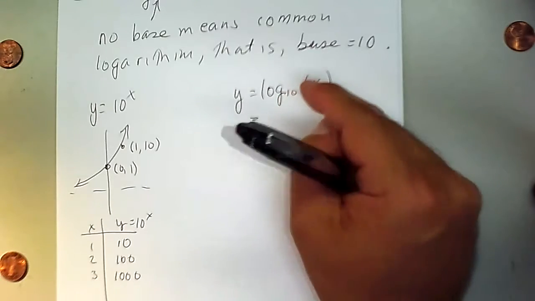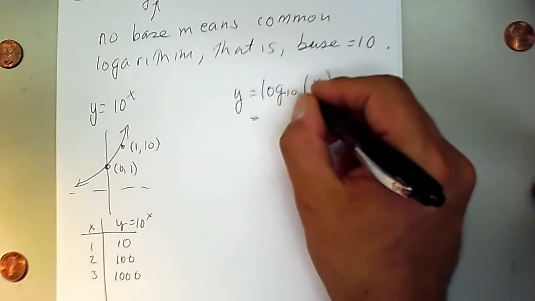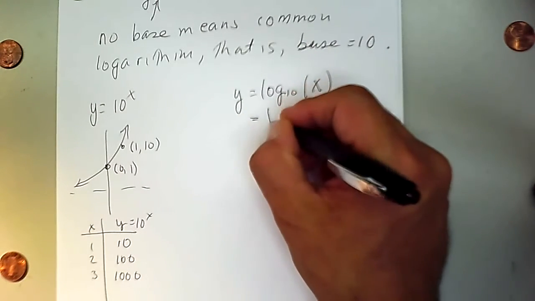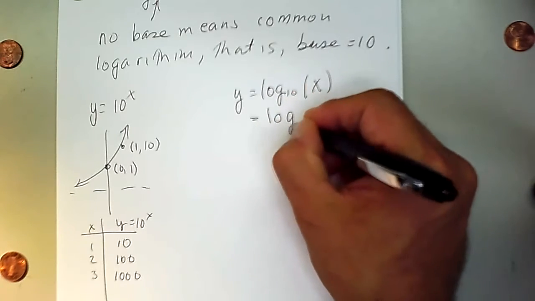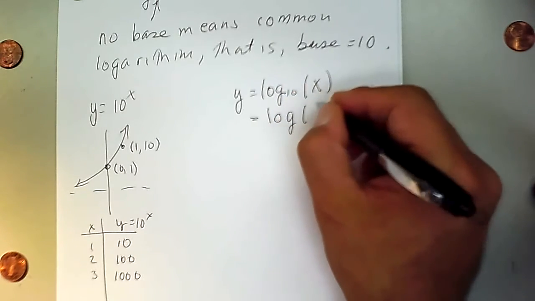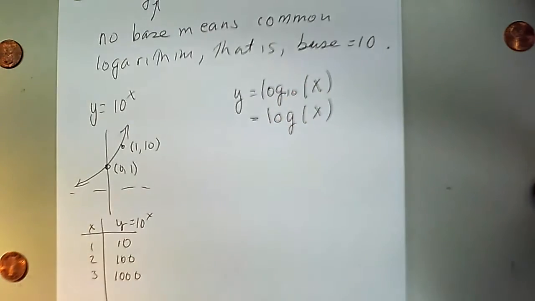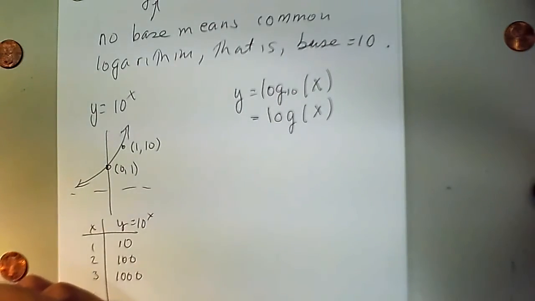But everybody agrees that if we don't put 10 down, it is assumed, it is by default, the base we're going to be using. Now let me double check.